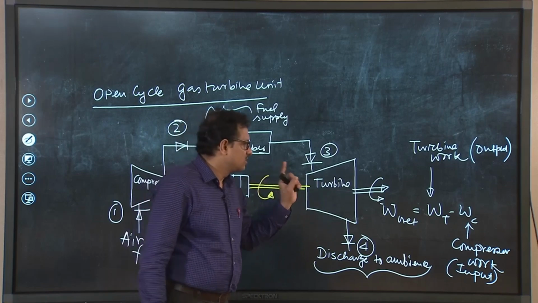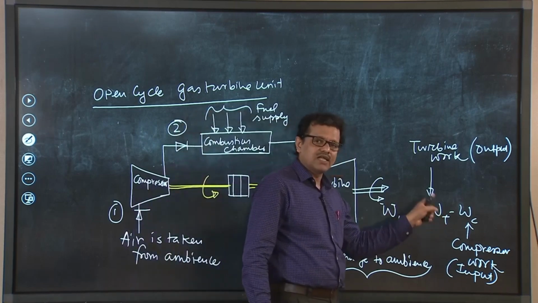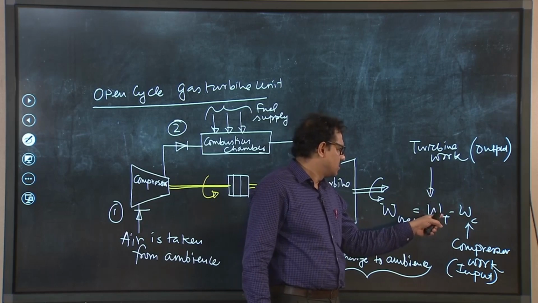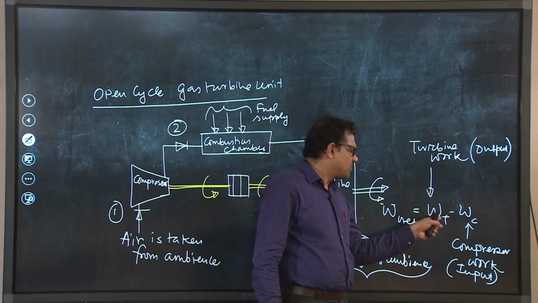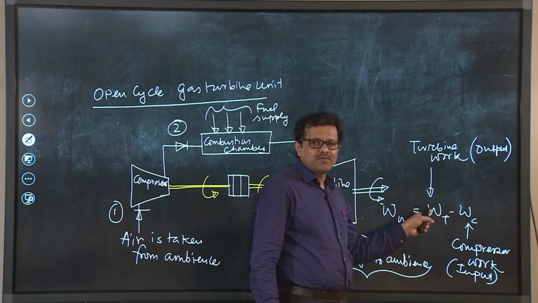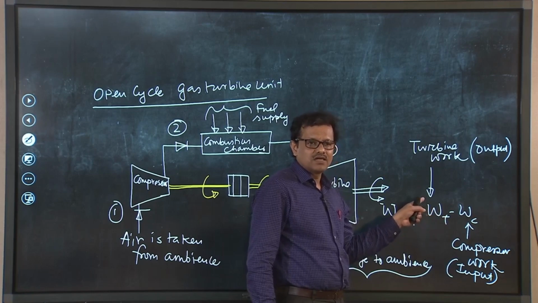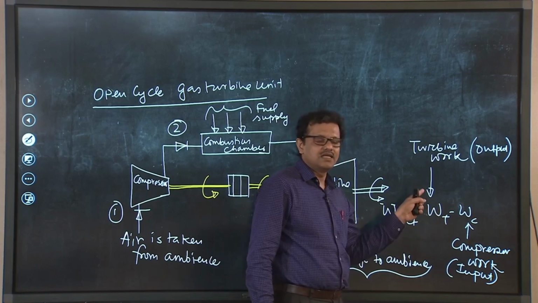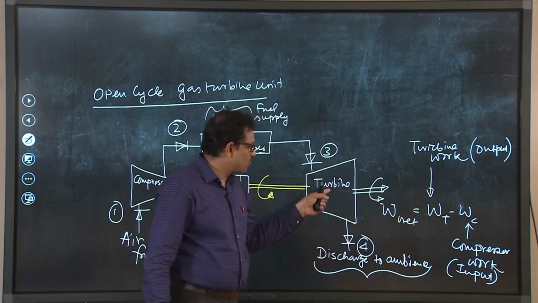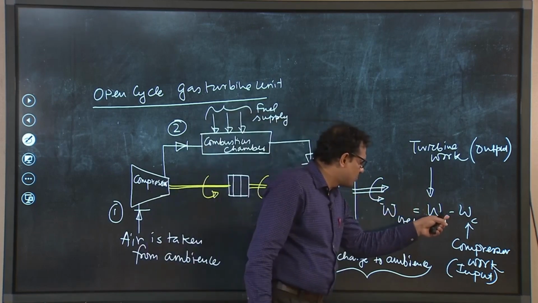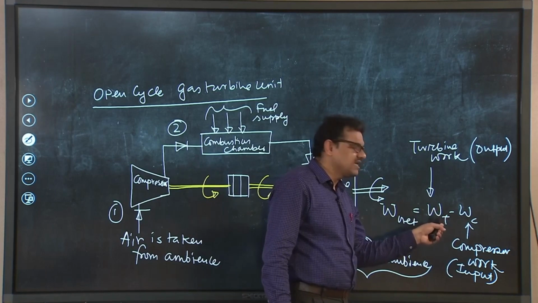So, that means the work output that we are expecting for a given design condition, the actual work output by the turbine should be very much less than this WT that I have written here.